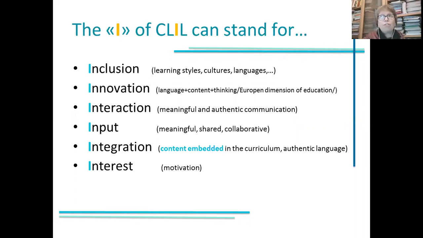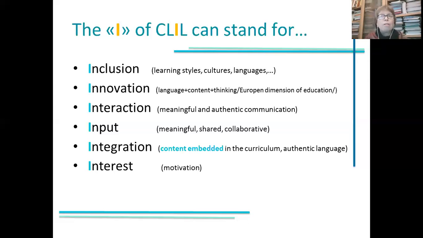Interest, motivation. Some students who are not interested or motivated to do English, they don't like English or another foreign language taught at school, through CLIL, they are more motivated and involved. And you know why? Because the focus is on the content and the language counts. So they know they are free to try with the language, they are not assessed, they don't have to be correct at all costs, but they concentrate on the content and the language counts.